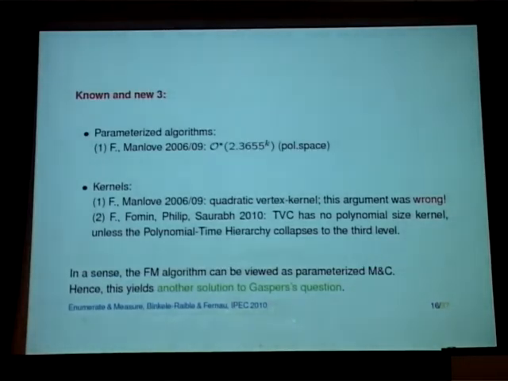So we had a 2.3 something to the k algorithm, using polynomial space, and if you look into that paper in a little more detail, you can say that this is also a kind of measure and conquer analysis. I wasn't aware of that so much.